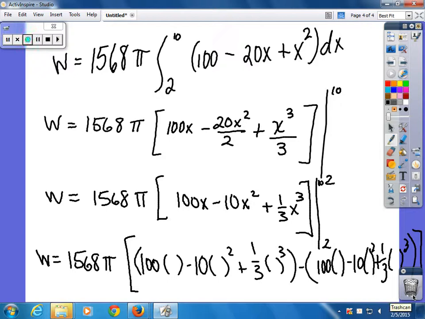And we're going to plug in a 10 here and 2 here.